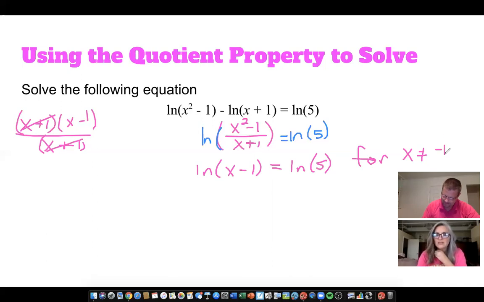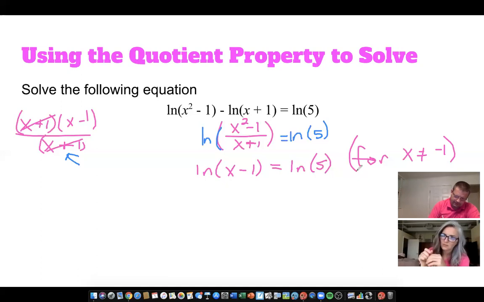Yeah, so he's giving you the restriction that he caused when he did that removable restriction that we talked about previously. I don't have to have that there for full credit, but if I work this problem and I get -1 for an answer of x, that's another extraneous solution, okay?